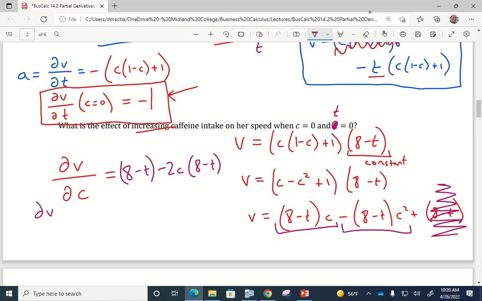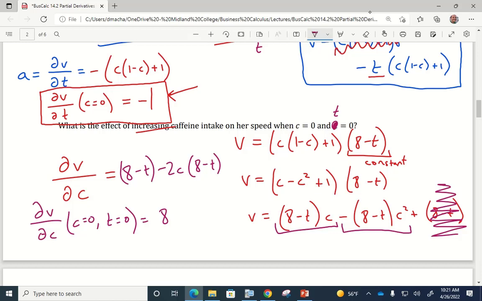So let me evaluate this. Whenever I have c equals 0 and t is equal to 0, that would be 8 minus 0 minus 2 times 0 times (8 minus 0).